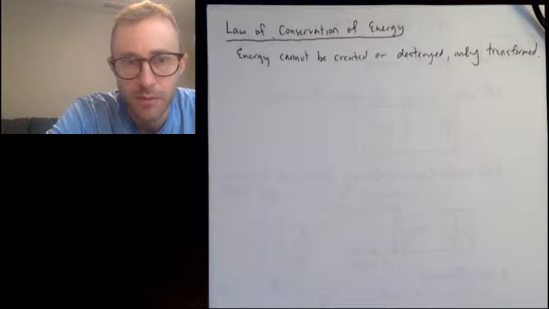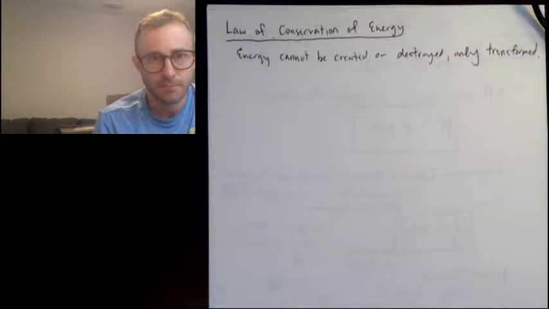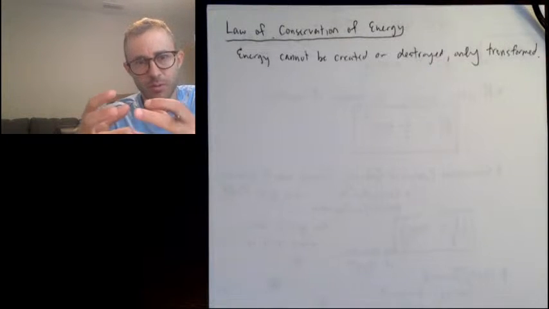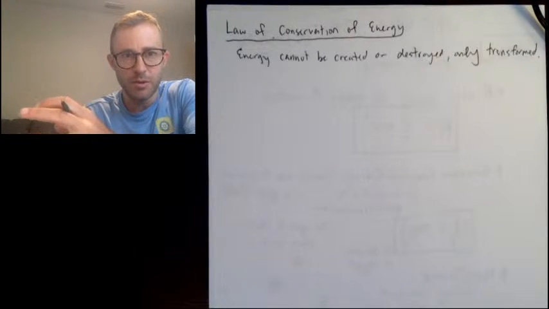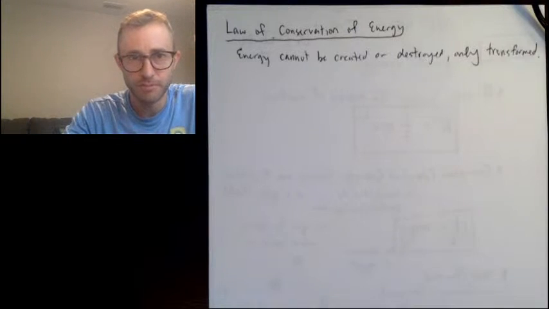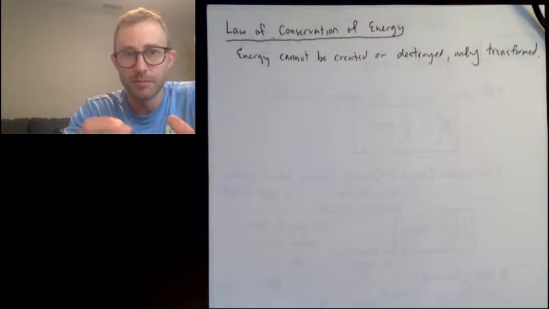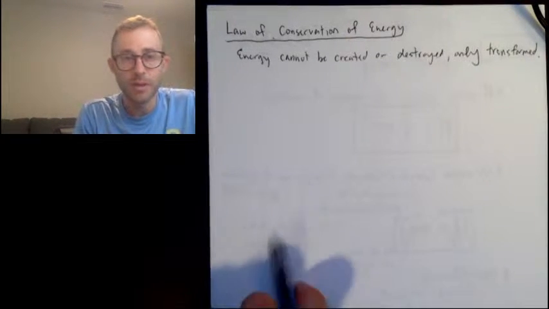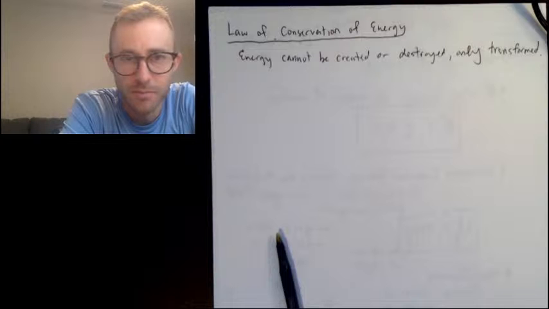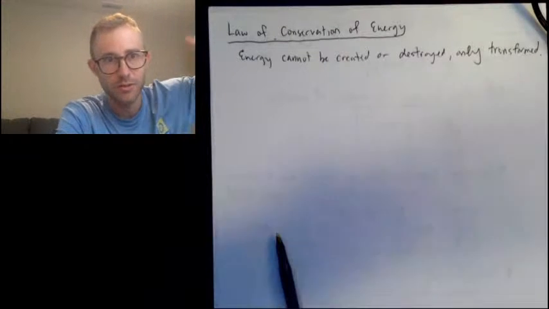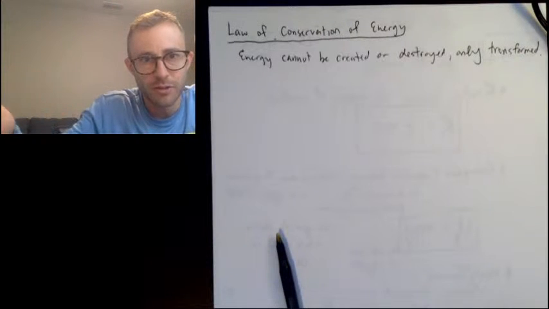So, for example, if you take gasoline and you burn it, you're taking the chemical potential energy of the gasoline molecules and transforming that chemical potential energy into thermal energy. A solar panel takes the energy of the sun's rays, the energy of waves, if you will, because light is a wave, and converts it into electrical energy.